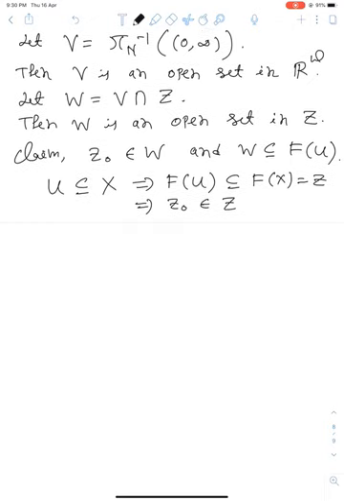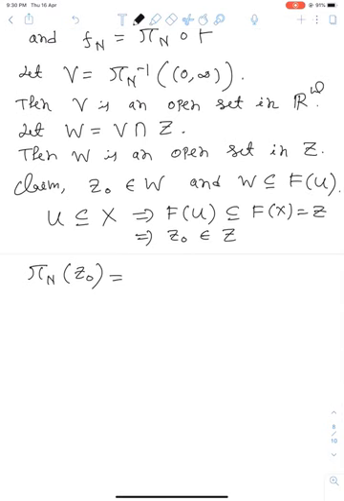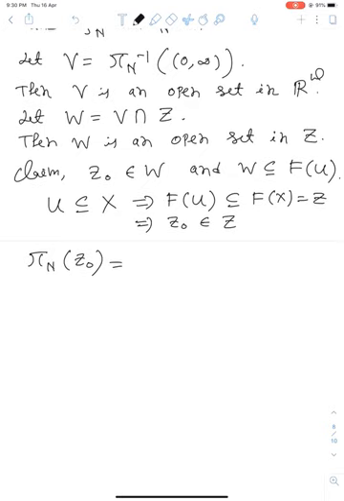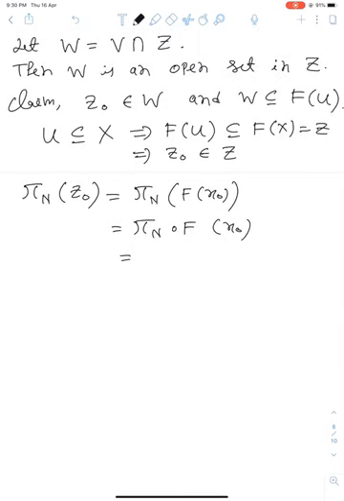Now what is my π_n(z_0)? Just put the value of z_0. So z_0 is f(x_0), right? So it is π_n composed with f at x_0. And what is π_n composed with f? It is f_n, right?